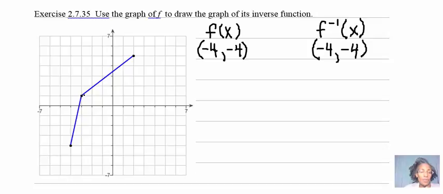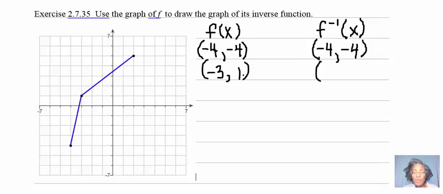Let's look at this middle point whose x-coordinate is negative 1, 2, 3, and whose y-coordinate is 1. So negative 3, 1 are the coordinates of this point. All I need to do to get the mirror image point, or we could call it the corresponding point on the inverse, is to interchange the x and the y.